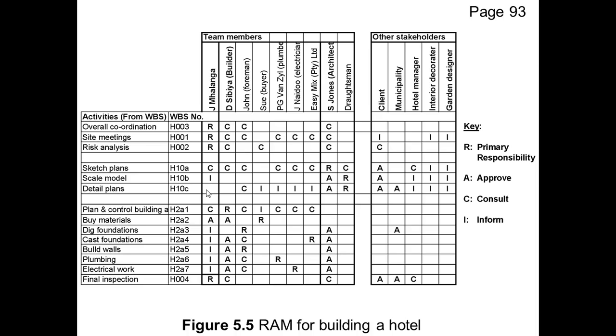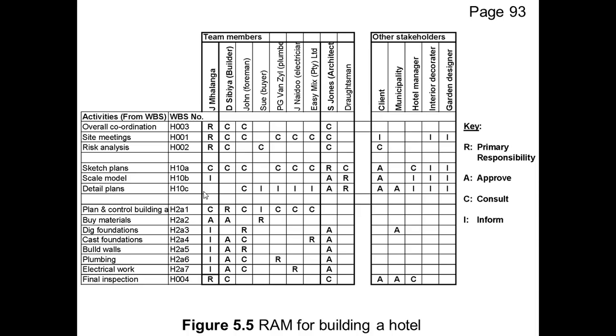But by putting this on the table, James Schlanger can now look at this and say, hey, but wait a minute, guys, actually I would like to be informed what the status of the approval of the plan is, and then an I can be added there for him. So do you see that this is a communication tool that you use at the beginning of the project and also throughout the project to determine who needs to know what.